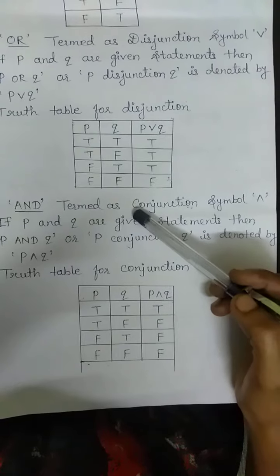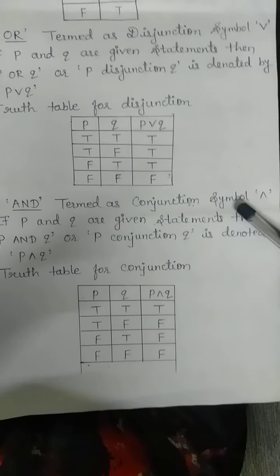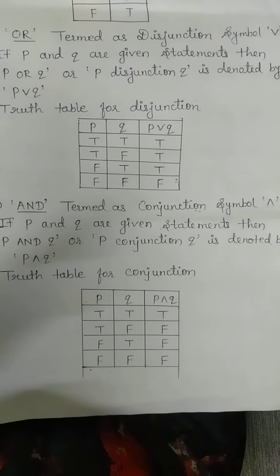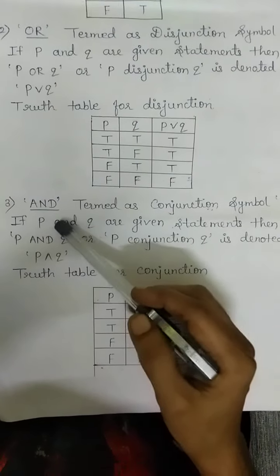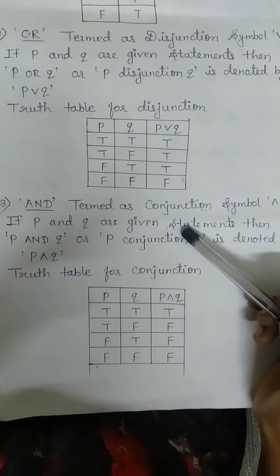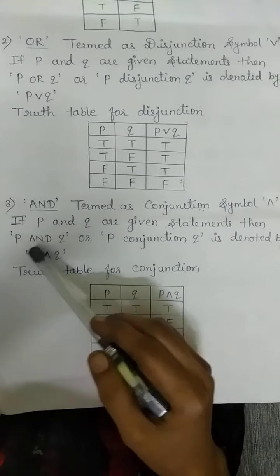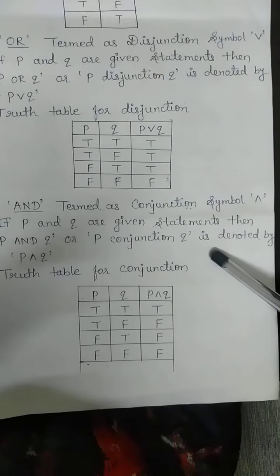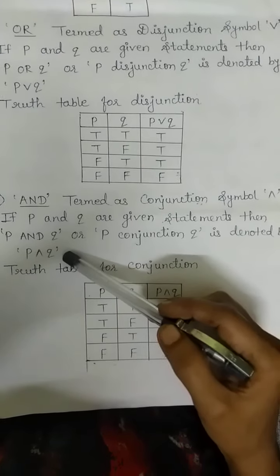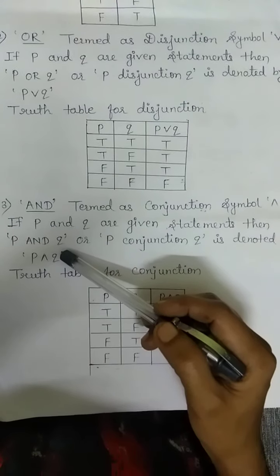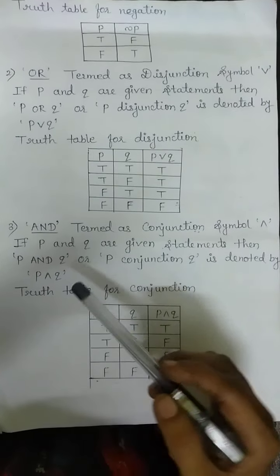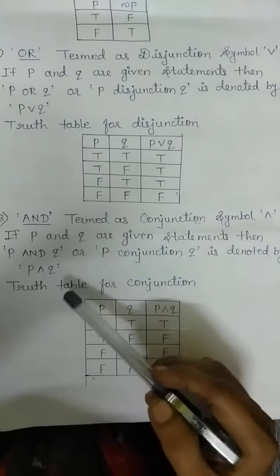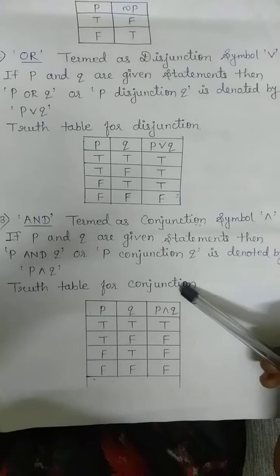Now third logical connective is and. It is also termed as conjunction. Symbol is this. Sometimes students call this as ulta V. Now if P and Q are given statements, then P and Q or P conjunction Q is denoted by this symbol P and Q. Now here also, since we require two statements, we consider P and Q. So truth table for conjunction.